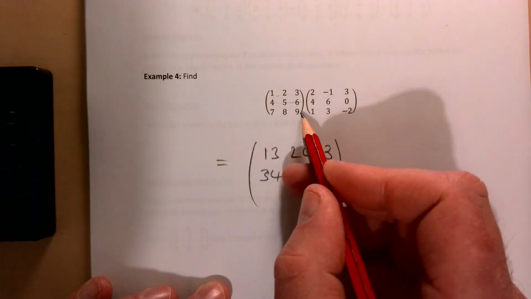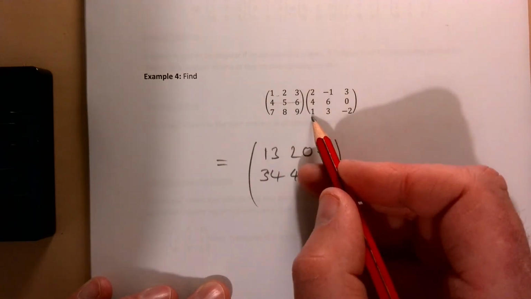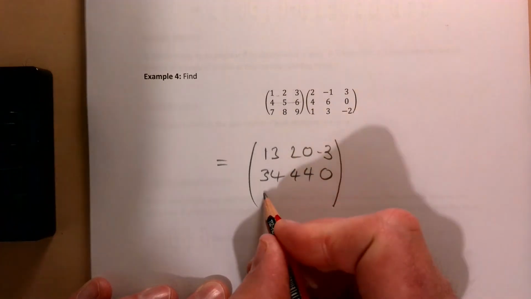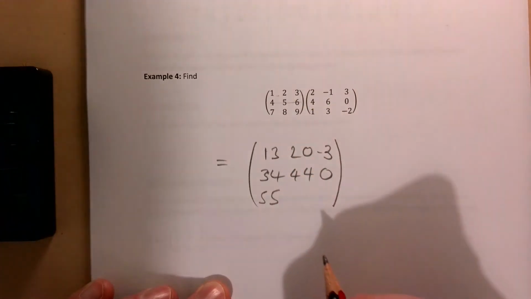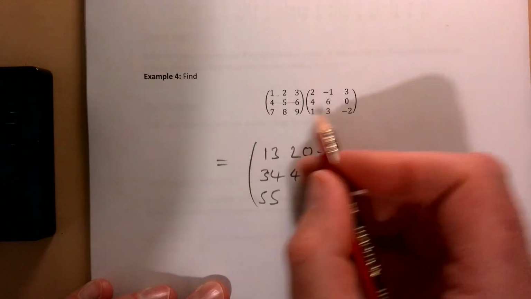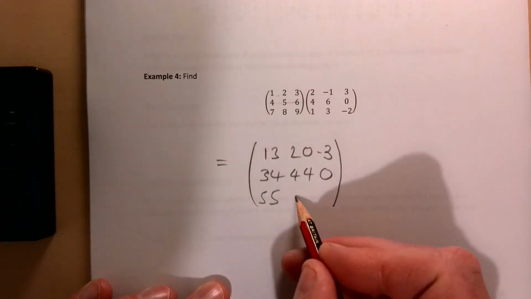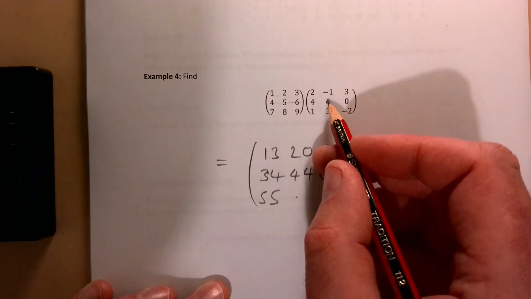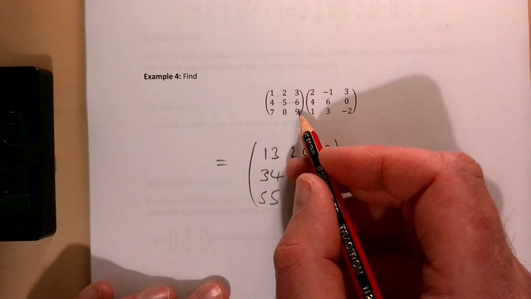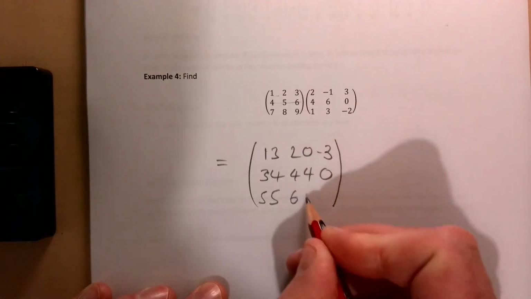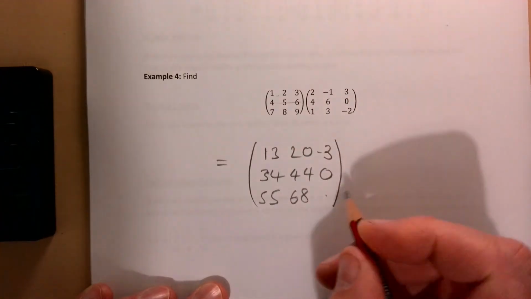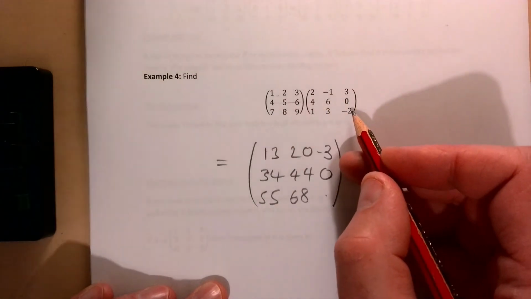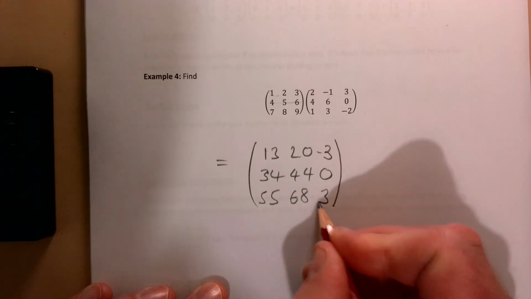And then final row, first column, 14 and 32 and 9, which I think gives 55. Final row, second column, minus 7 plus 48 plus 27, which gives us then 68. And then final row, final column is 21 and 0 and minus 18, so we end up then with 3.